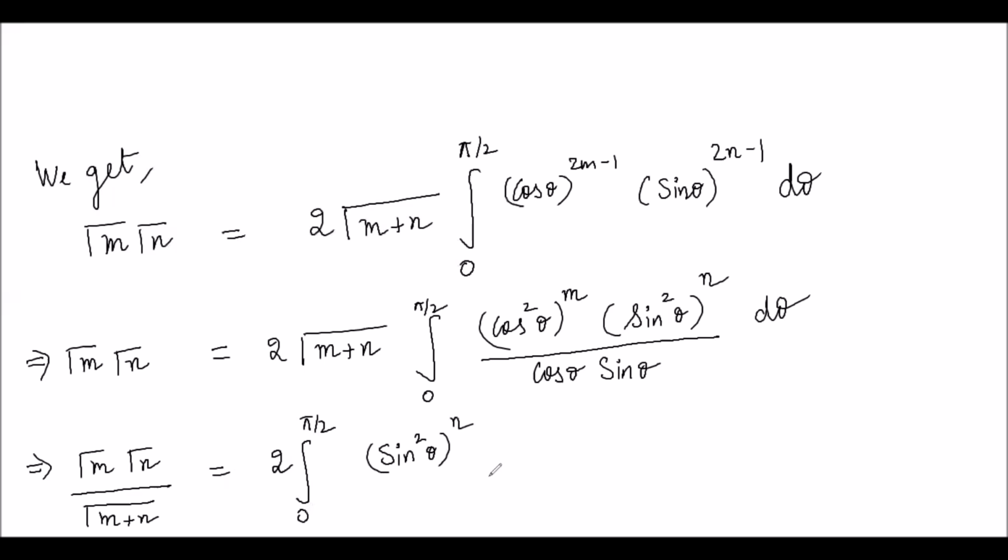We can write this cos square theta as 1 minus sin square theta raised to power m. This is divided by cos theta sin theta d theta. This implies gamma of m, gamma of n divided by gamma of m plus n.